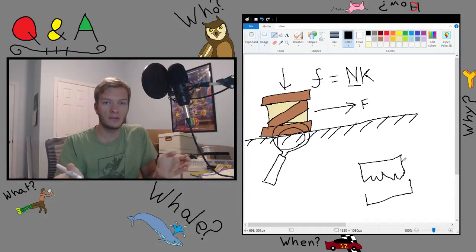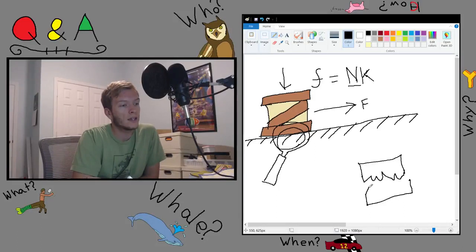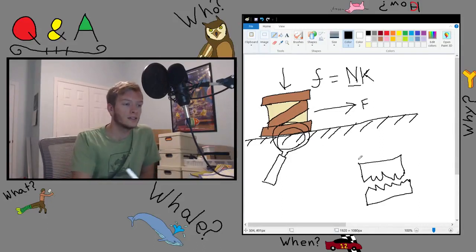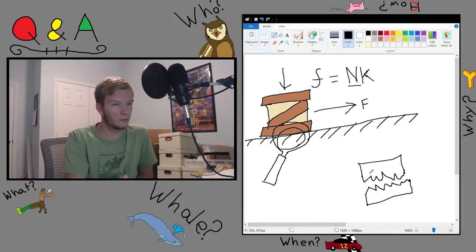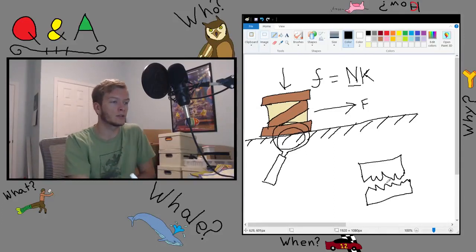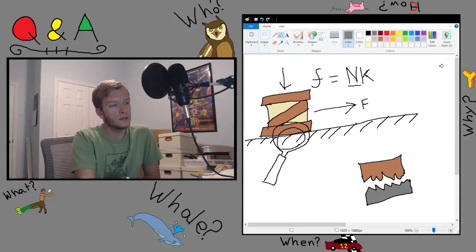You can only achieve perfectly level surfaces if you were perhaps a super genius, but then the floor itself also has these irregularities. Now, unlike my picture, they don't necessarily match up in sequence, but just picture that this is some arbitrary amount of spikes and bumps that are not significant enough to show up on a macro scale. So this is our box, and this is our ground.